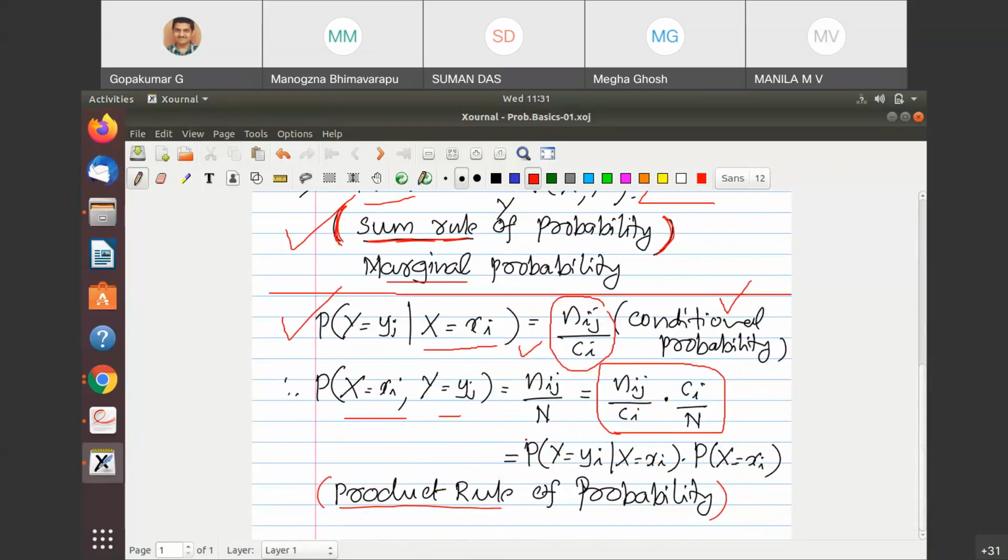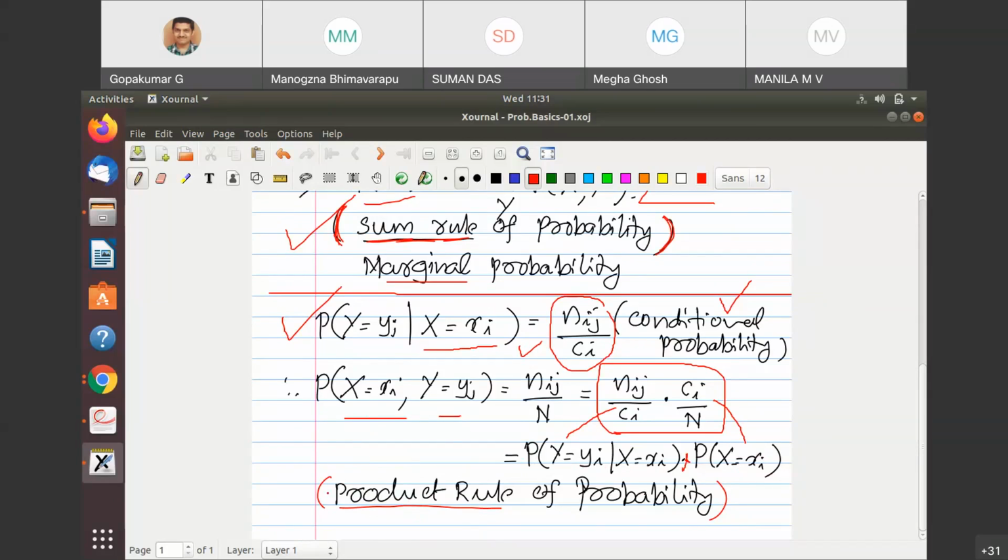The first one corresponds to this one, and the second component corresponds to this one, so we have a product here. That means the joint probability is equal to the conditional probability times the marginal probability.